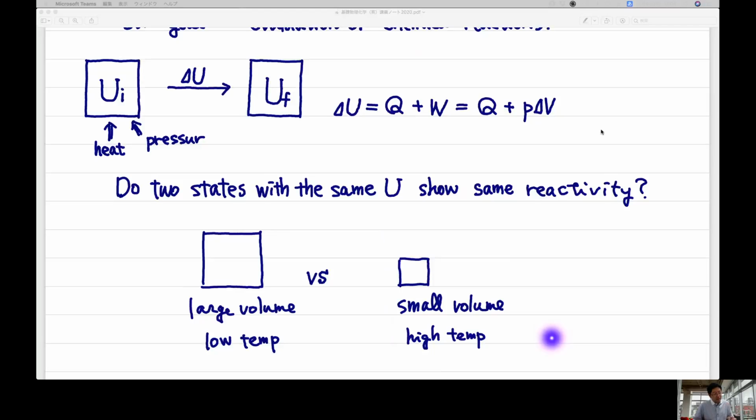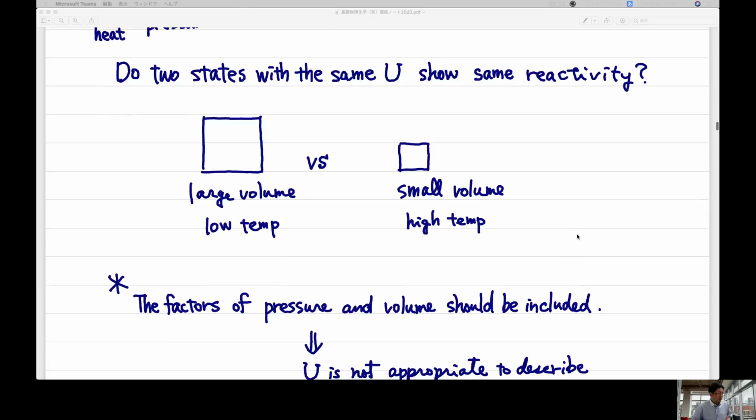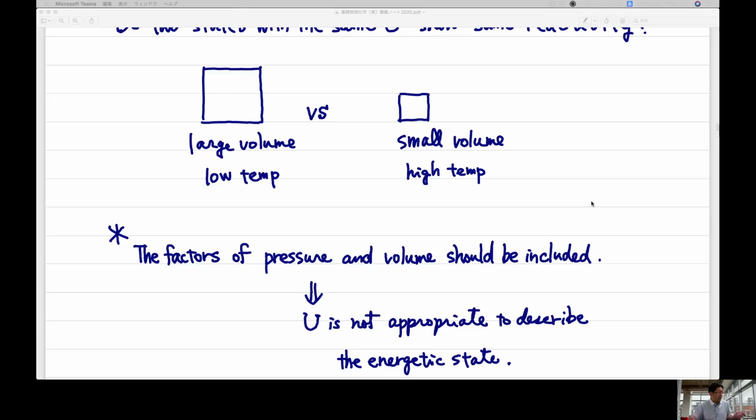It's energetic and it can spread out much energy from this small volume but high temperature one. But the internal energy of these two materials is completely the same. So internal energy is not the perfect one to describe the reactivity.